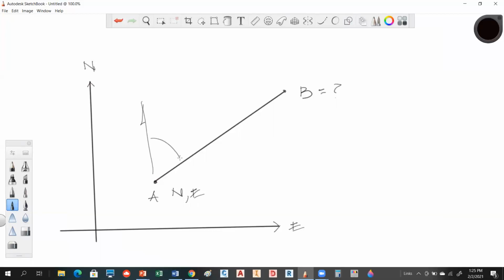And we know this, which would be either in terms of angle, azimuth, or let's say bearing. And I also know this distance. By knowing this and this and this, it allows me to calculate that.